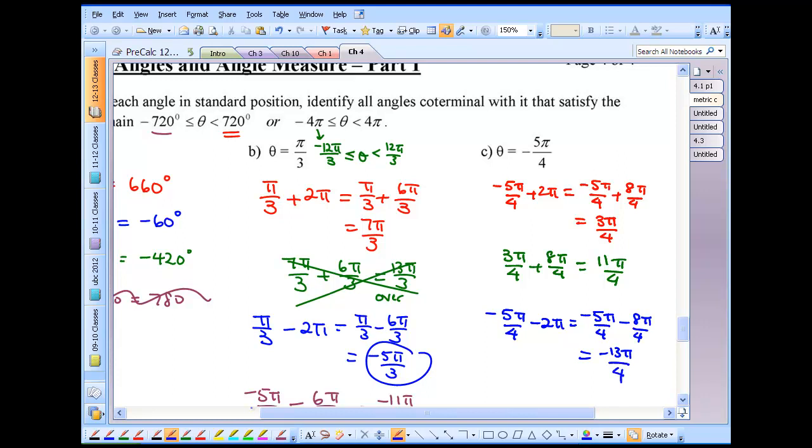And I think I can stop here because once again, if I were to change the restrictions on my domain and make it a denominator of 4, I think it's negative 16 pi over 4 all the way to 16 pi over 4, of course. Okay, so 1, 2, 3.